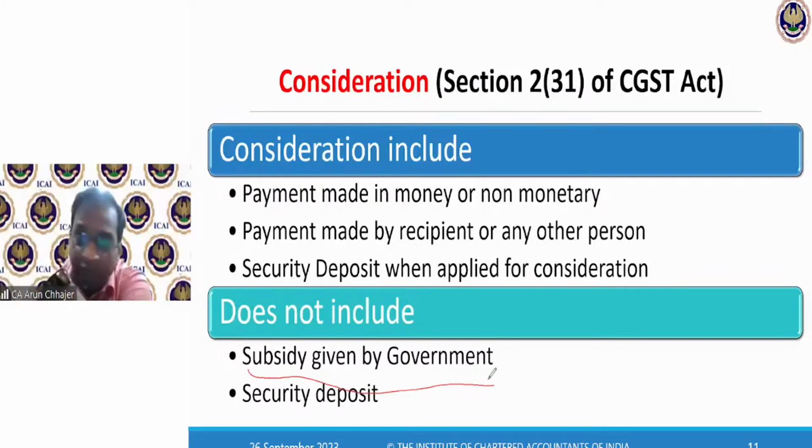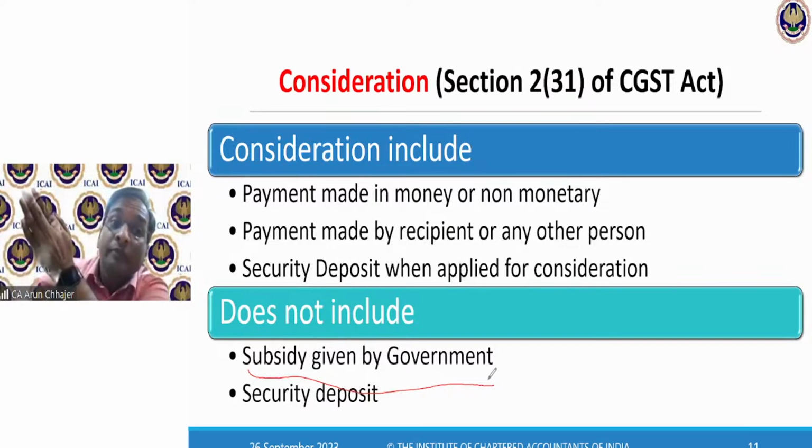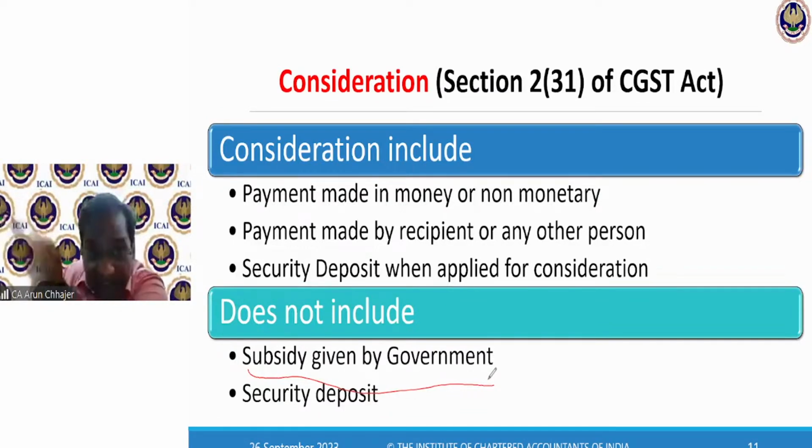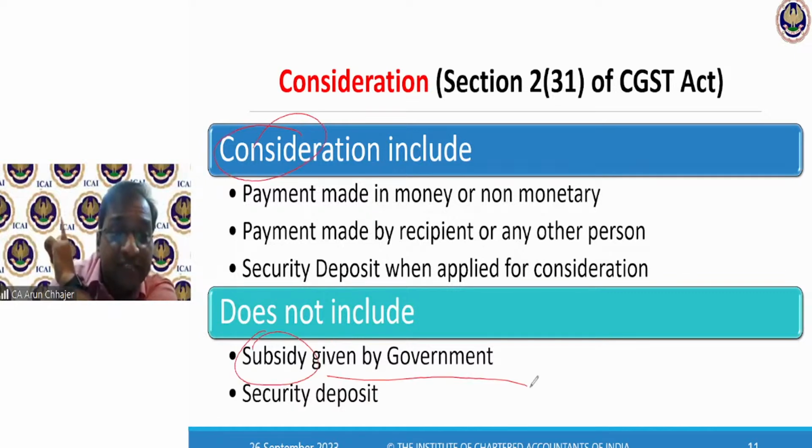If they are getting the money from the ministry, what is that? It is explained to be subsidy in nature, and the bank receiving that subsidy is not required to pay GST. Why? Because consideration does not include the subsidy given by the government.